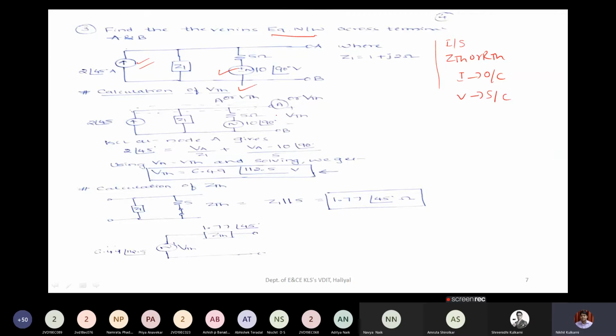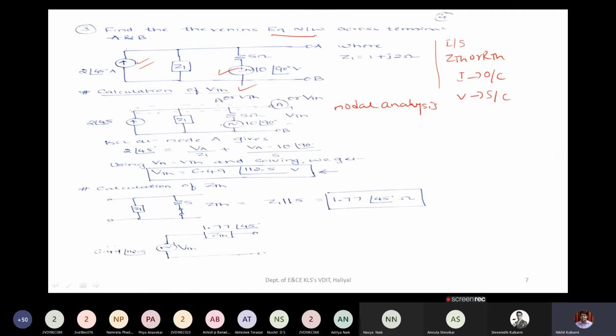In order to calculate VTH, here I have used the nodal analysis. Once they ask you to solve or find Thevenin's equivalent network, they will not put any restriction on you. You can use any KVL or KCL or source transformation also.